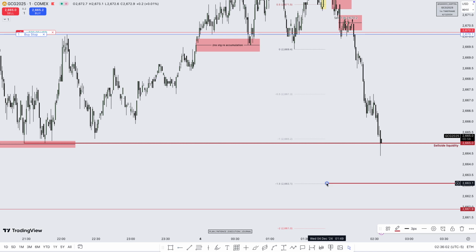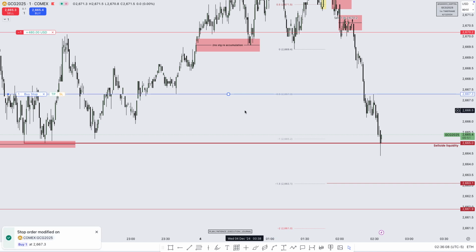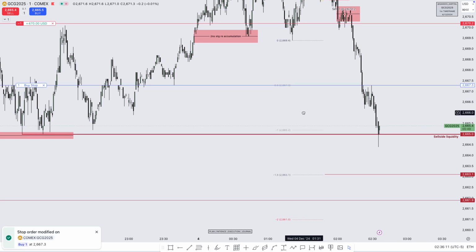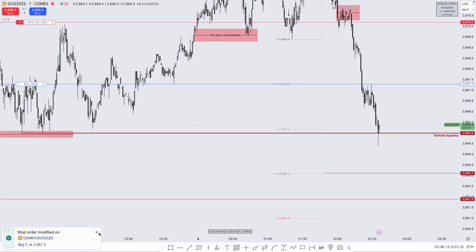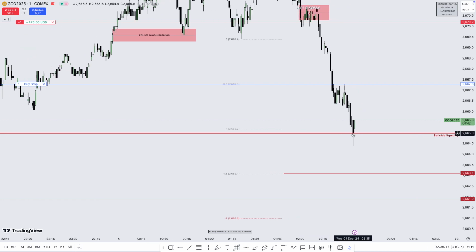If it fails to stay heavy, I'm gonna have to just look at that candle.